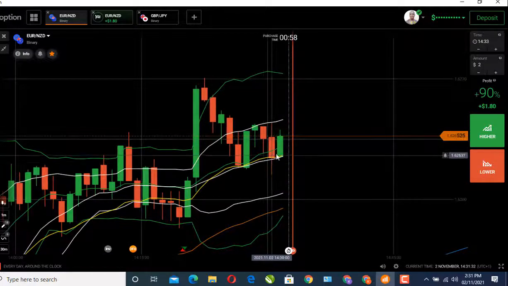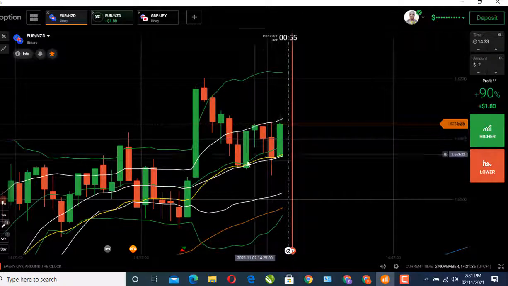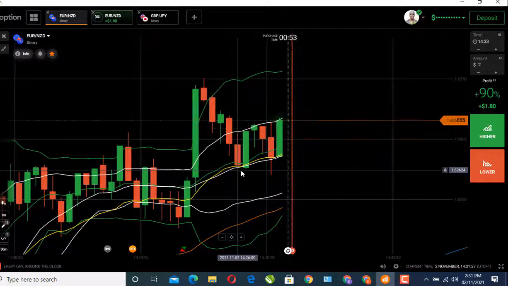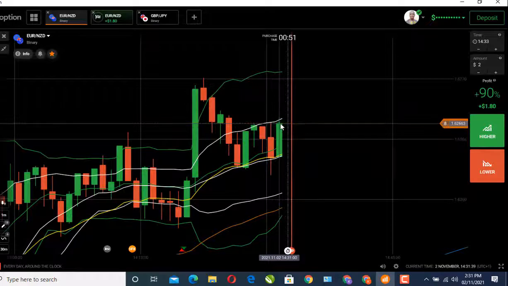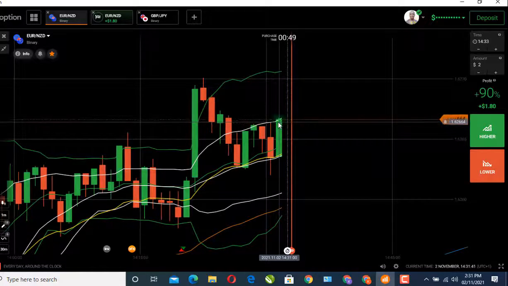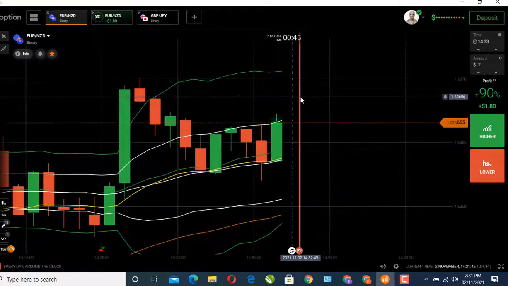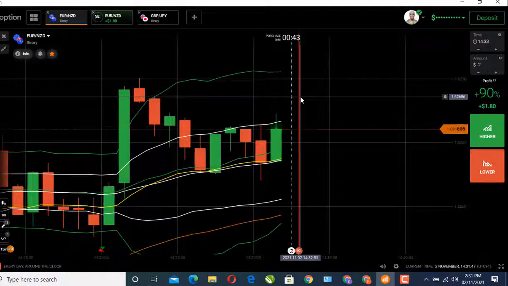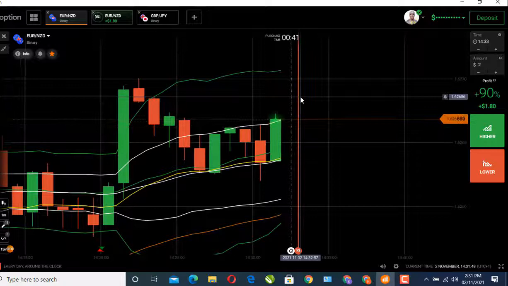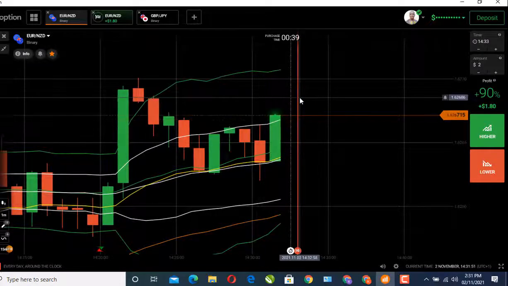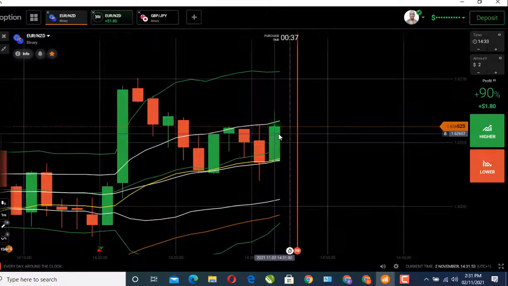See here, it's like a pullback. Yes, it's like a pullback.